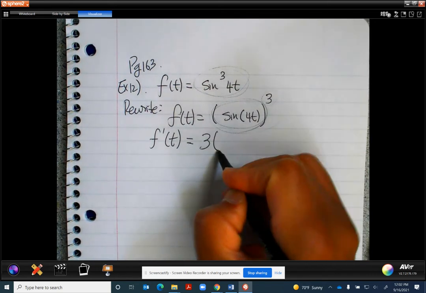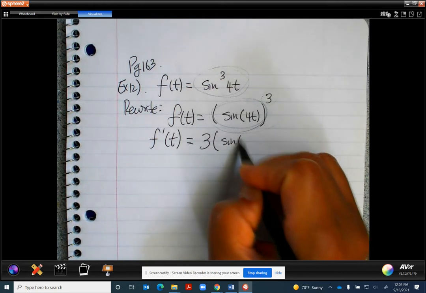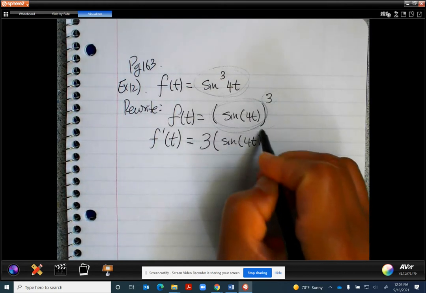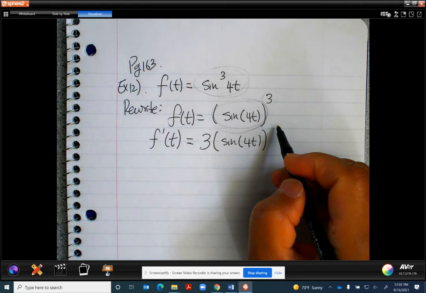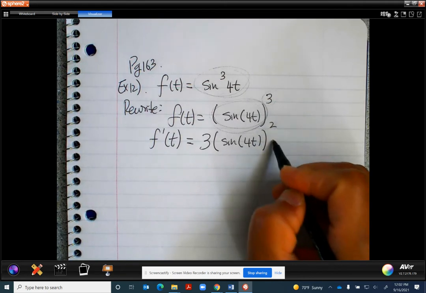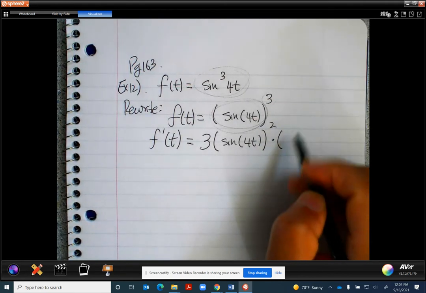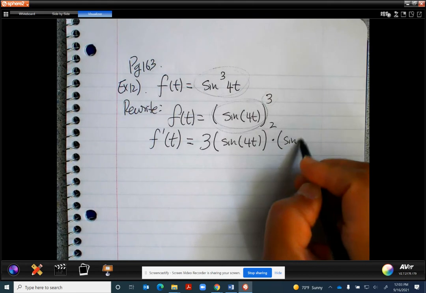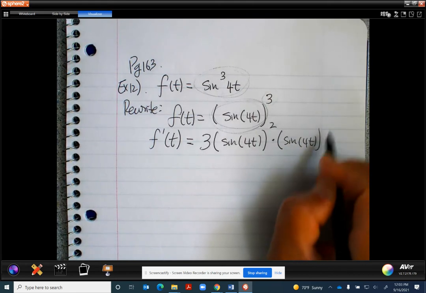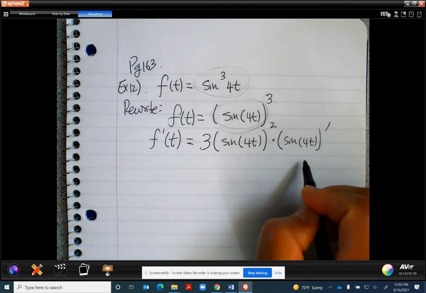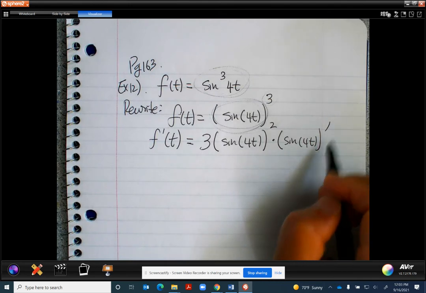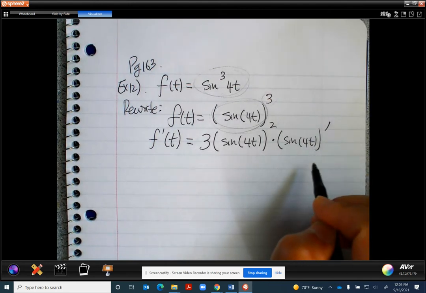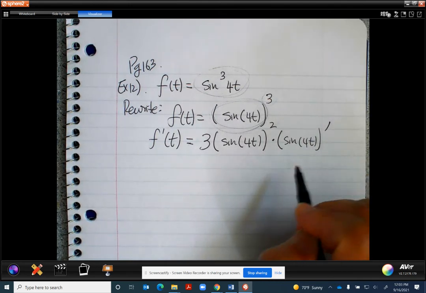3 parentheses, sine 4t, you don't change anything, you leave it alone, to the power of 2 times parentheses sine 4t prime. Take the derivative of inside. I want you to use prime, and I want you to take the derivative as the next step.